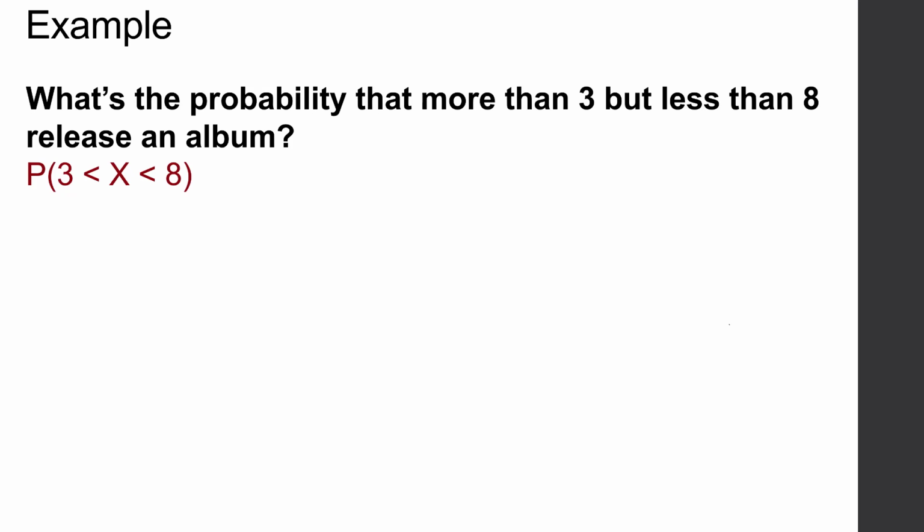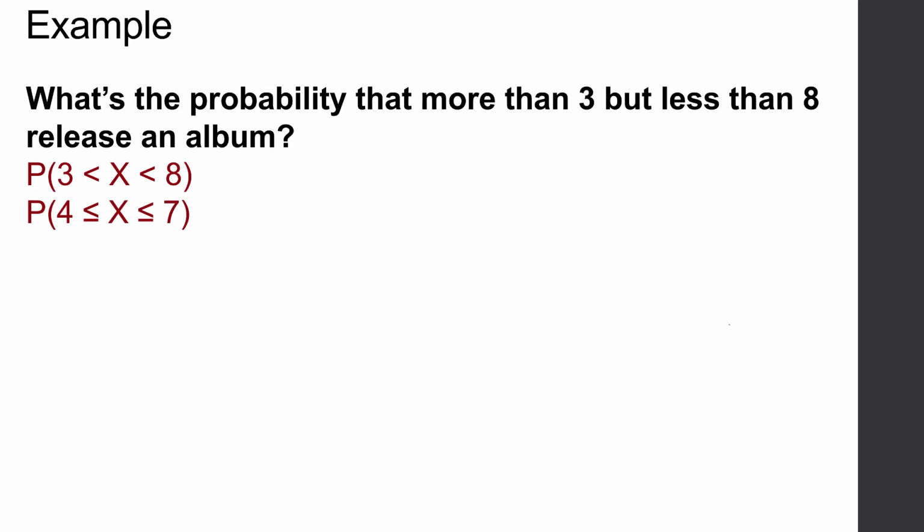All right, so first I'm going to change both of these strict inequalities into non-strict inequalities. So if X is less than 8, what's it less than or equal to? 7. If it's more than 3, what is it more than or equal to? 4. So I'm going to change my probability statement to the probability that 4 is less than or equal to X is less than or equal to 7.